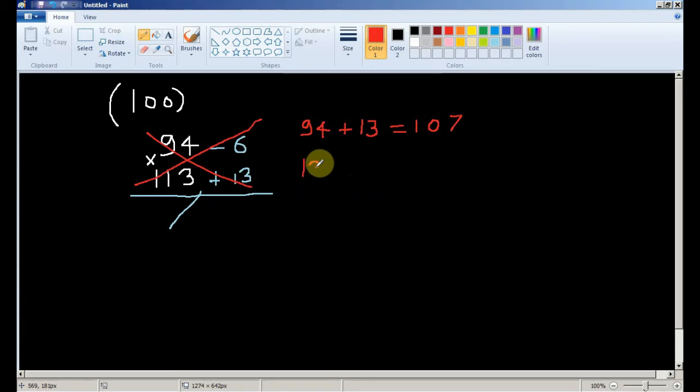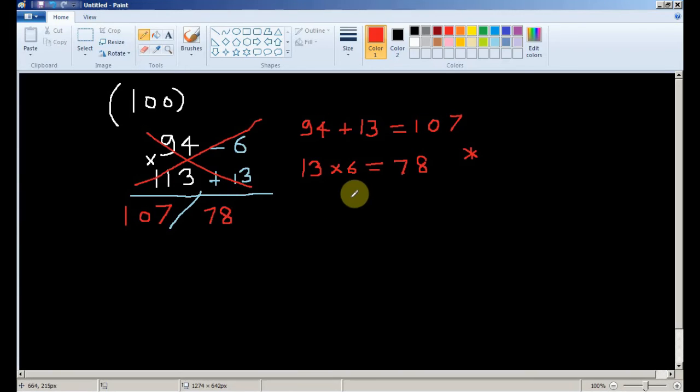Now I must multiply these two numbers, 13 into 6. 6 into 3 is 18, 1 balance, and 6 ones are 6 plus 1 is going to be 78. So I'm getting two numbers: the first number is 107 and the second number is 78.